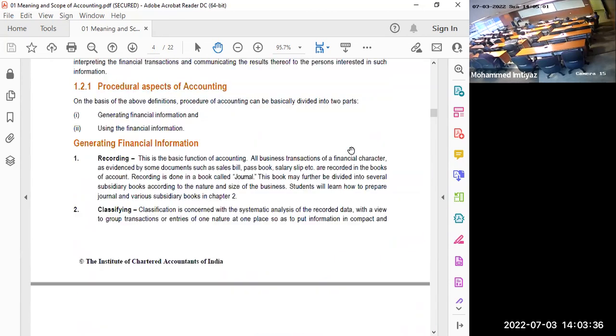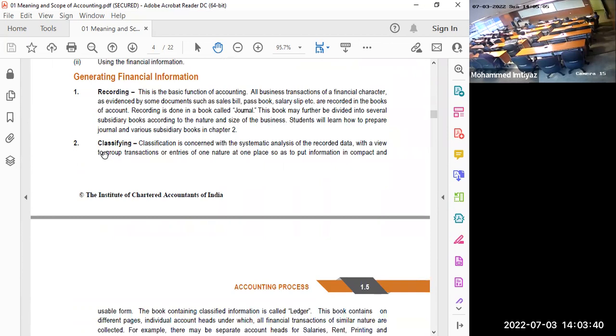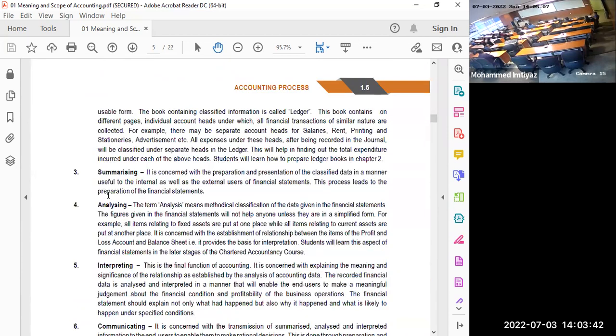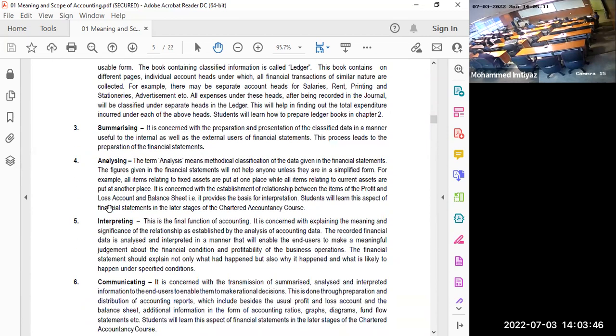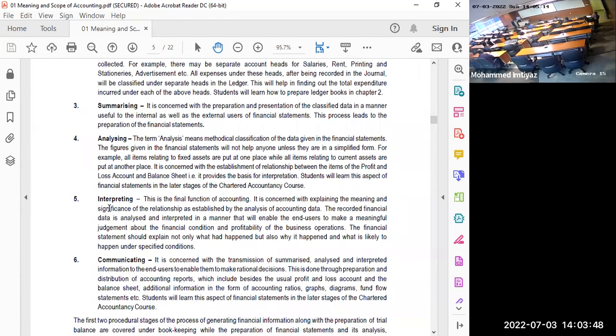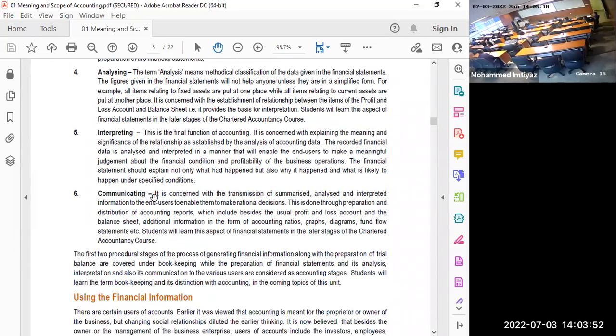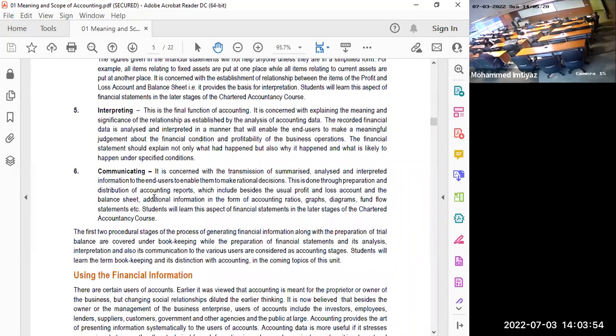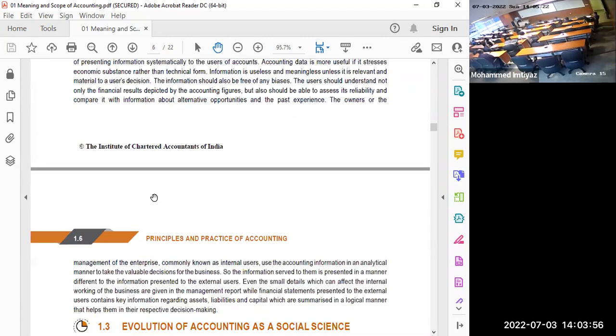First stage is identifying the transaction, then recording the transaction, then classifying, summarizing, finding out the result, analyzing the result, interpreting the result, and then communicating such result to the stakeholders of the company, right?